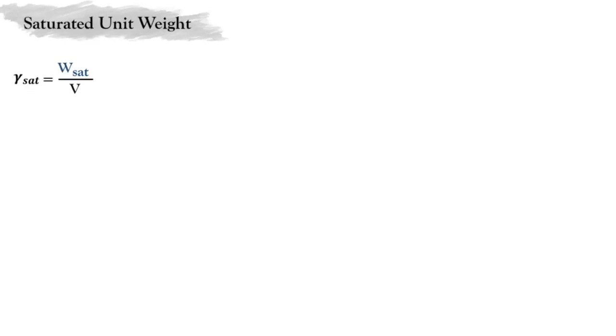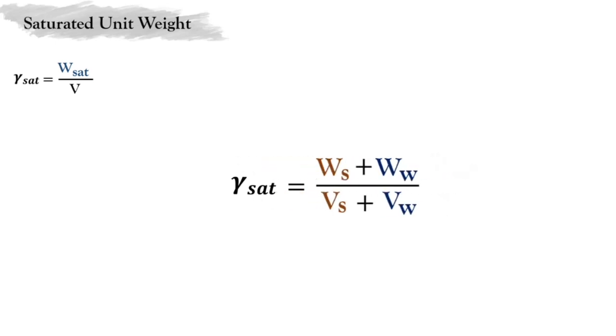So, this is the ratio between the saturated weight of the soil all over the total volume of the soil. So palitan na natin yung saturated weight and the total volume. So, that is, para sa ating saturated weight, syempre pag sinabi naman saturated weight, that is the weight of the solids plus the weight of the water.